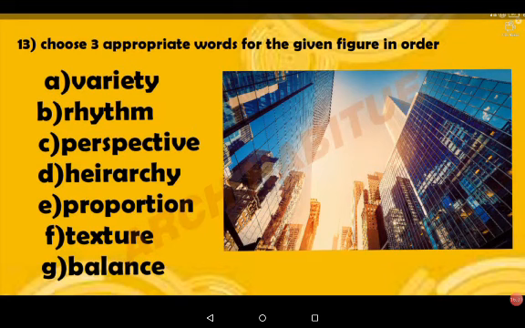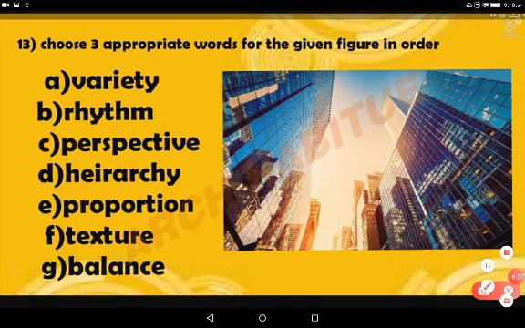This is our 13th question. Three appropriate words. Okay, we can't see any variety. There is no rhythm. There is some sort of perspective. Look here. There is some sort of perspective. There is no hierarchy.